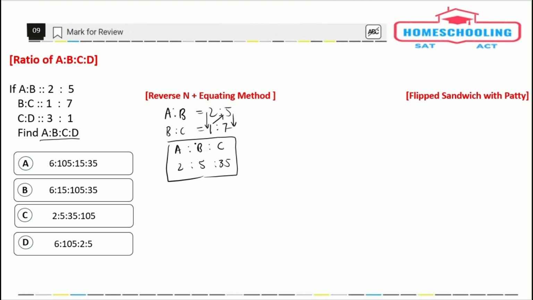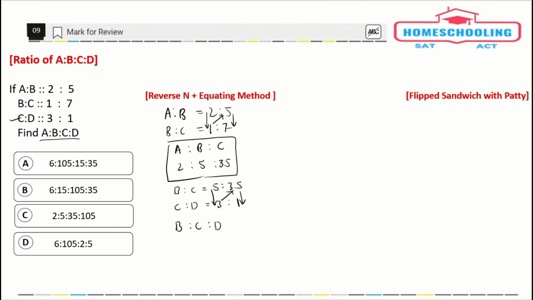Now we will take B and C from here and C and D from here. So B is to C is 5 is to 35, and C is to D is 3 is to 1. As we can see, C is common here, so we can apply the reverse N method. So the ratio B is to C is to D would be how much?